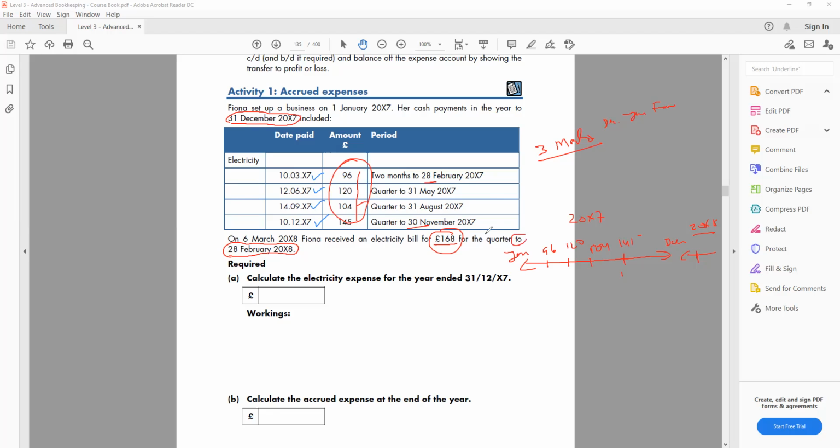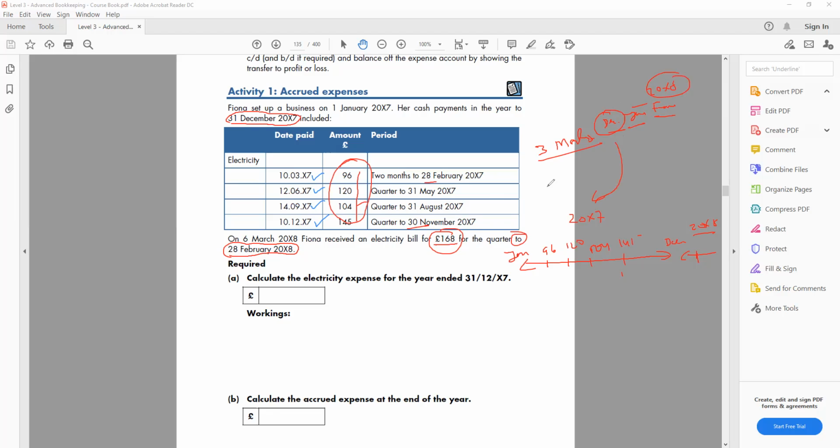Quarter 2, that means the quarter ending in February. So you have 3 months: February, January, and December. Now the question is, December is relevant to 2007, and January and February are basically for 2008, but this December is relevant to 2007.